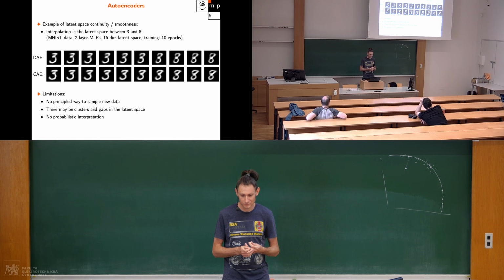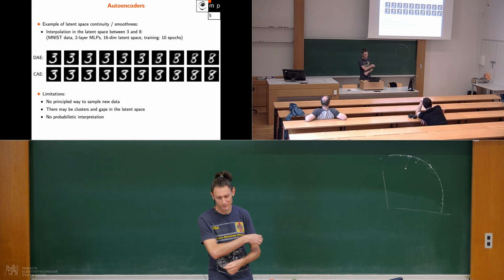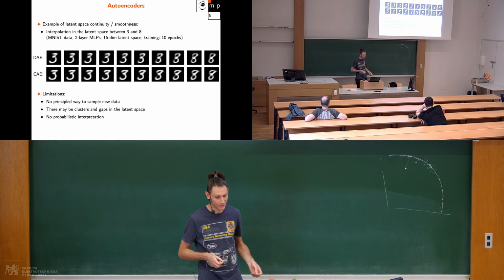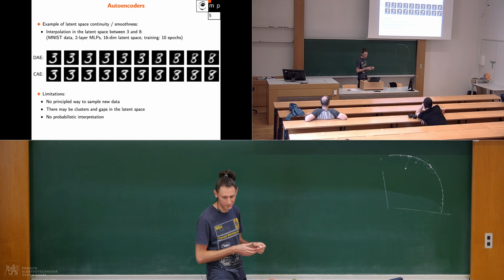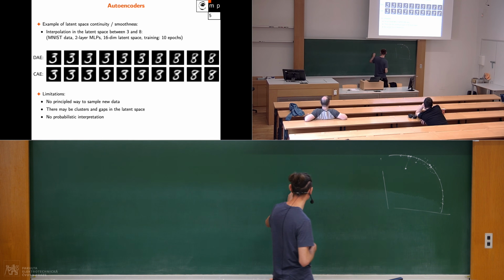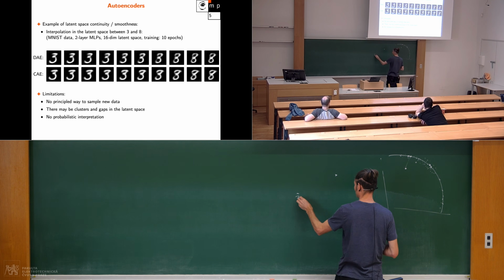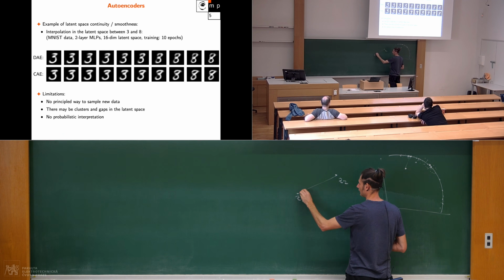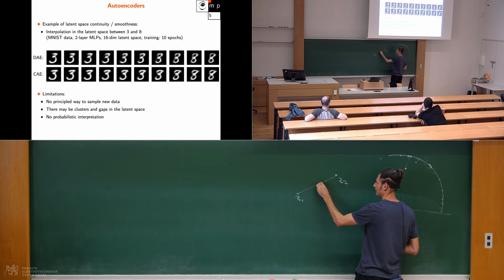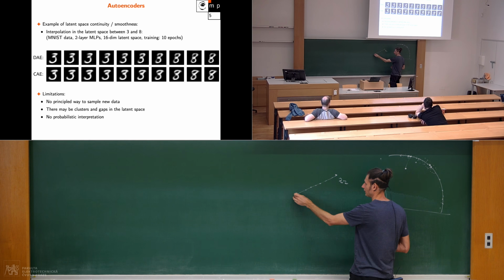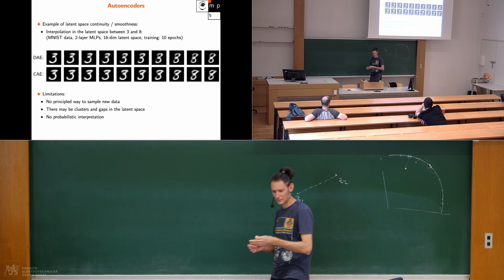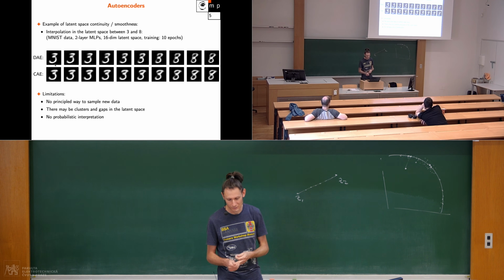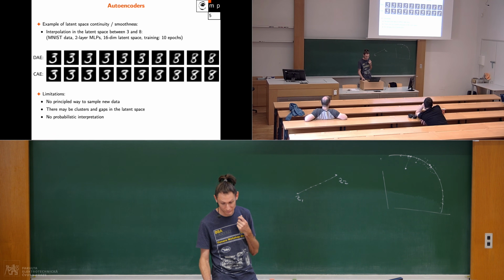I ran an example to see how these autoencoders train and what the interpolation looks like in the latent space. We trained the denoising autoencoder, and in the latent space we have latent codes for image 1 and image 2, and then we reconstruct all the images on the line between Z1 and Z2. So we are interpolating between them: Z1 is the encoding of 3, and Z2 is the encoding of 8.